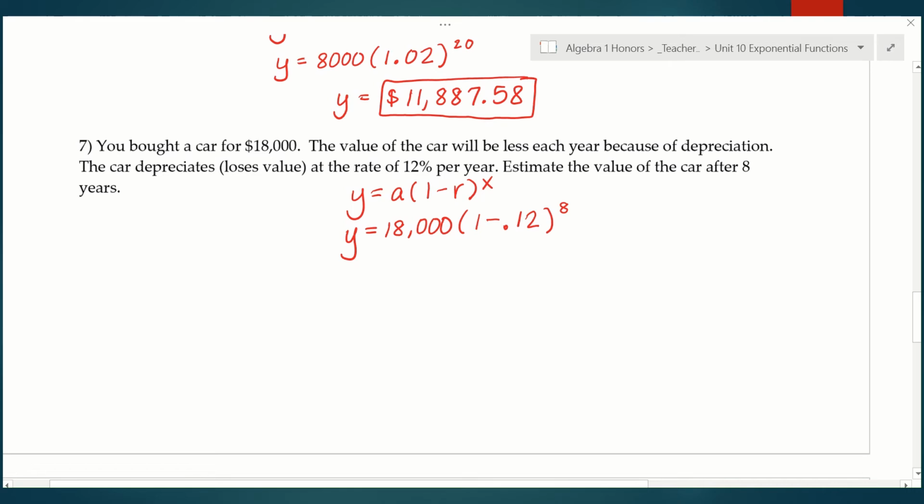All right, so type that in. 18,000 times 1 minus 0.12, which is 0.88, to the 8th power. And again, it's money, so to the nearest hundredth. All right, I'm getting $6,473.42. Wow. It definitely lost quite a bit of value after 8 years, huh?